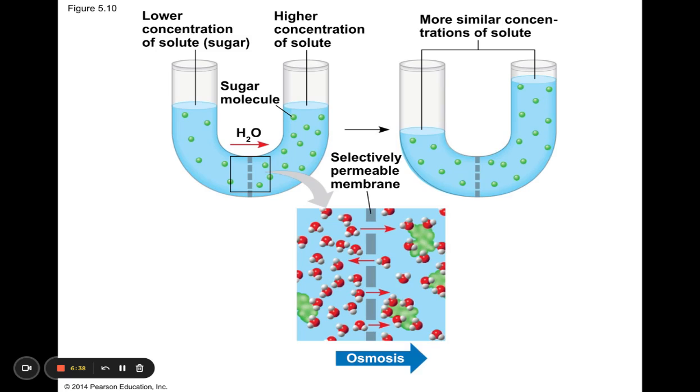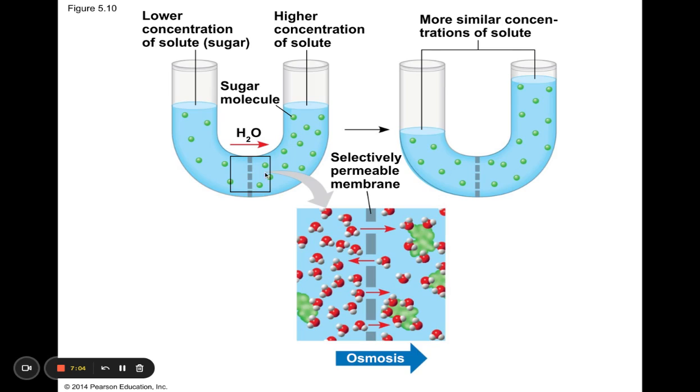Okay, now we're going to switch gears and talk about osmosis. And I'm sure you've all seen this figure of the U-tube, the original U-tube, where you have a U-tube filled with water and sucrose, in this case sugar, because a semi-permeable membrane separates the U-tube in two, and the sugar cannot move through the membrane.